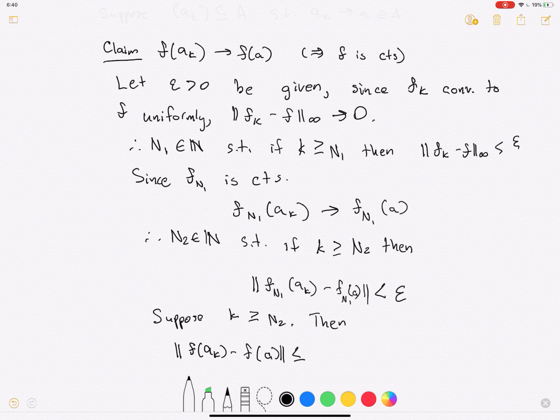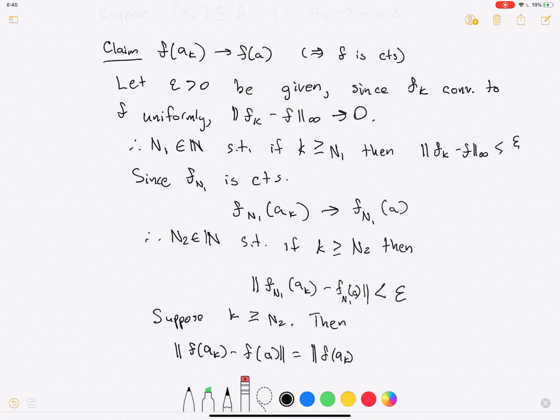So that is going to be less than f(a_k) minus, let's not do too many steps at once.